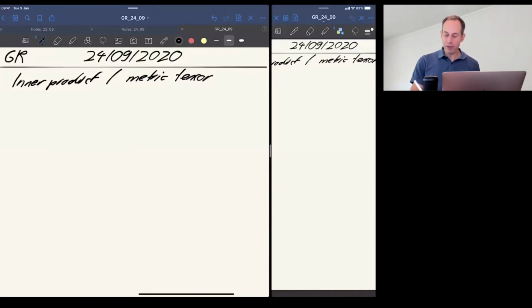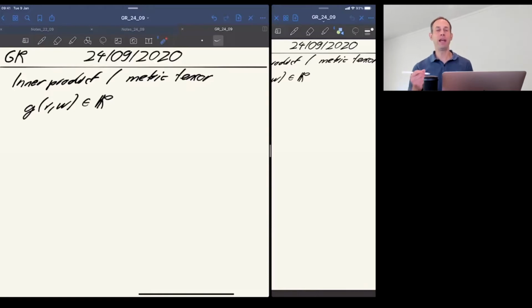And as you remember, the inner product was defined by essentially specifying such a tensor that we called G. So remember, a tensor is exactly what we want when we want to define an inner product, because an inner product should take two vectors and assign to them a real number. And that's exactly what a 0,2 tensor would do. Okay, that's what we define.